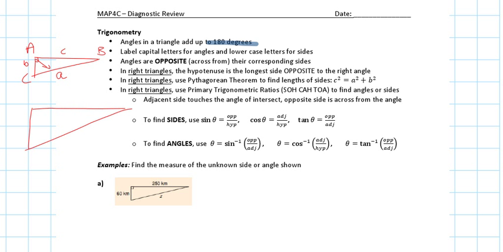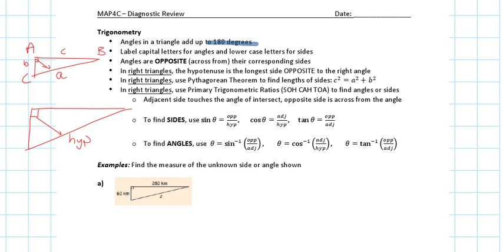Now, the right angle is never our angle of focus. So if I have a right angle triangle here, the right angle always has the hypotenuse as its opposite. So the hypotenuse is always going to be, no matter what other angle I'm given, your hypotenuse. Are we okay with that?